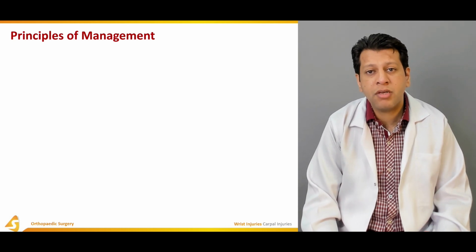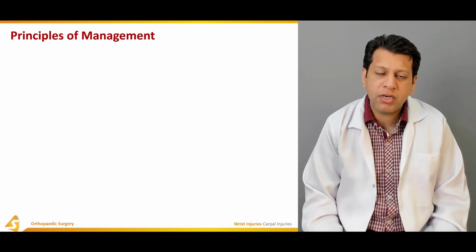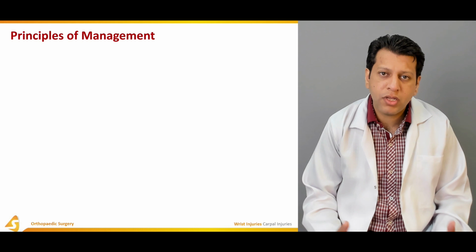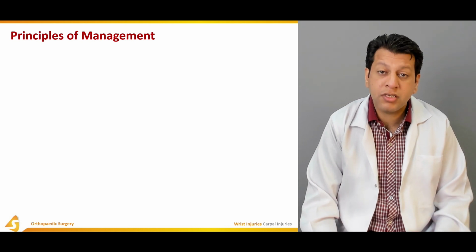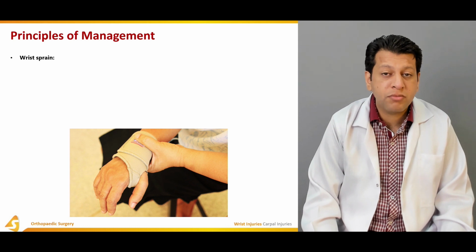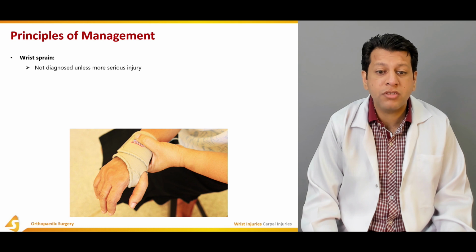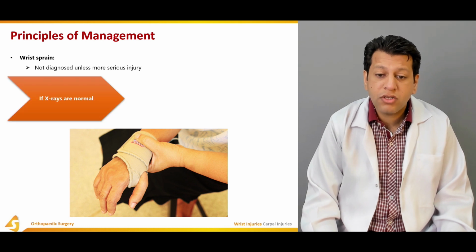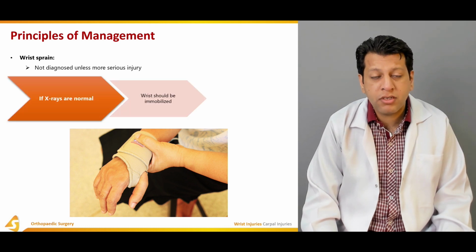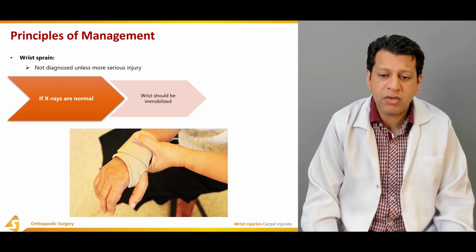As you know, by this time you would have realized that there are bony fractures and then there are ligamentous disruptions. We have to deal with them differently, and sometimes both may be present. If it is purely a wrist sprain, and a more serious injury has not been diagnosed, and the X-rays are normal, just immobilize the wrist in a splint for 2 weeks, 4 to 6 weeks, or at times 6 to 8 weeks.